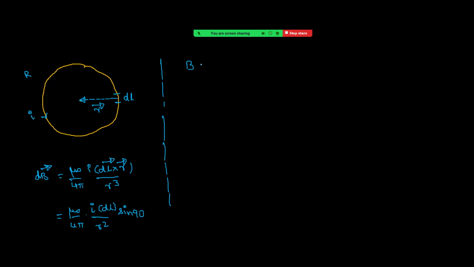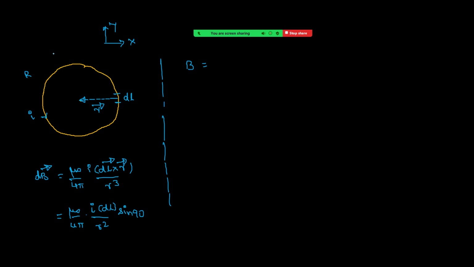So B equal to. So focus now carefully. Direction of dl bar cross r bar. Let us consider it is an xy plane. This is x and this is y. According to this, you can see dl bar, its direction is now j cap, and r bar, it is minus i cap.